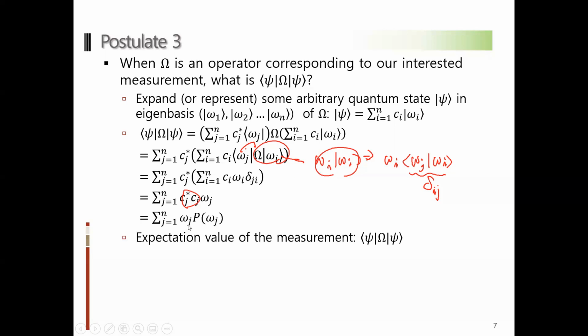When you are given some random variable and you want to obtain its expectation value, this is a typical expression. So the entire expression means the expectation value of the measurement corresponding to this measurement operator.